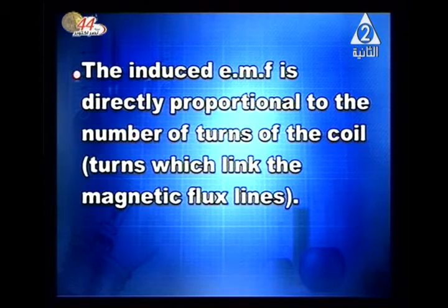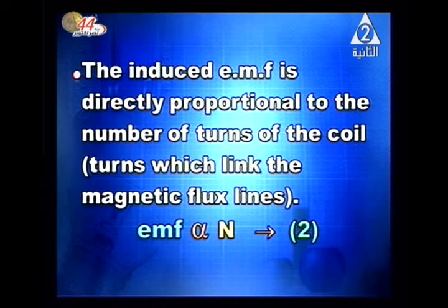The induced EMF is directly proportional to the number of turns on the coil, turns which link the magnetic flux lines. So we can say EMF induced is proportional to the number of turns. This is the second equation.